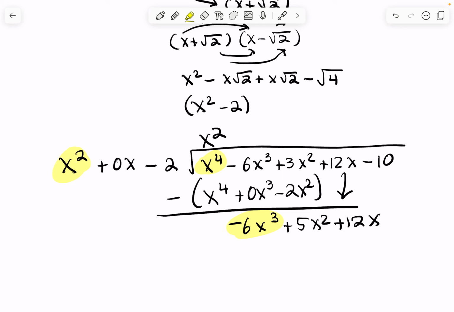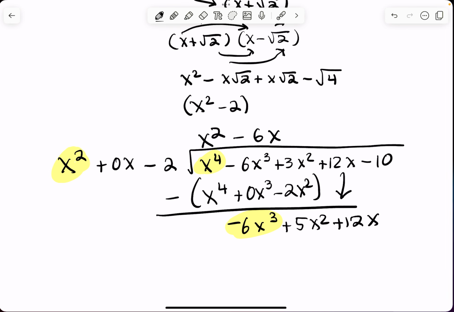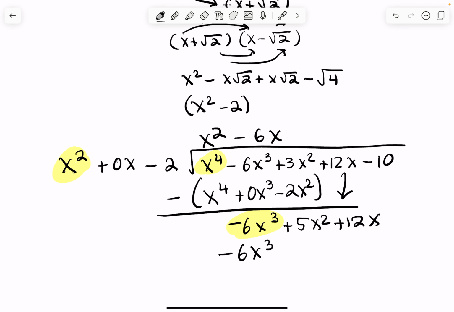Highlight negative 6x cubed, and then look at x squared. So x squared times what gives me negative 6x cubed? That would be a negative 6x. That negative 6x will multiply everything on the outside. Negative 6x cubed plus 0x squared plus 12x.